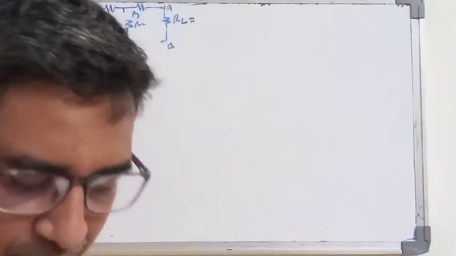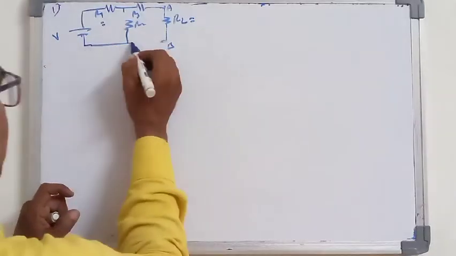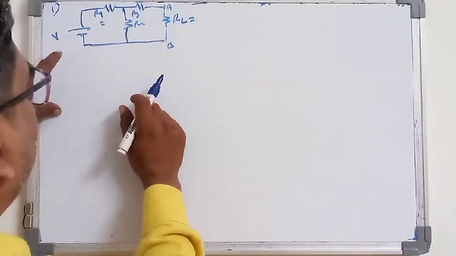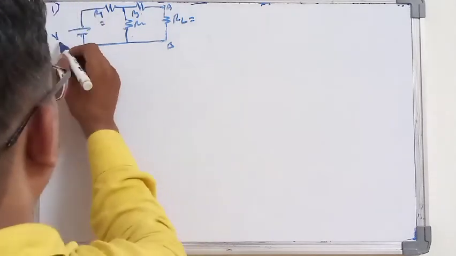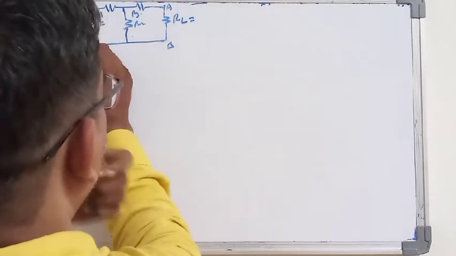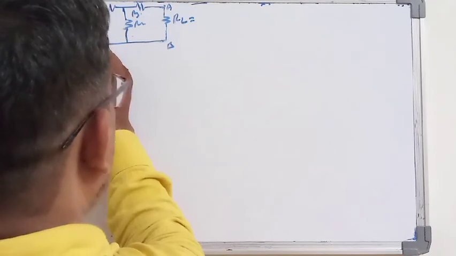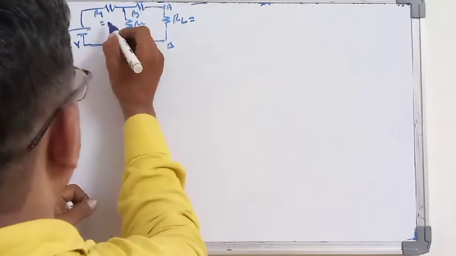This is, students, only the diagram is same, only the values are going to be changed. Just how I will change the values. The first value for the voltage, V is equal to 10 volt.